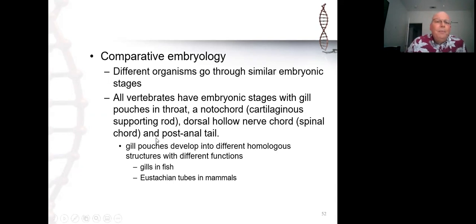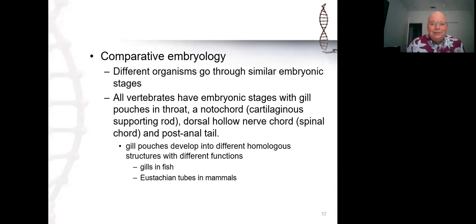So there are various stages that we can see in embryological development that reflect the evolutionary origin of the organisms. So Haeckel's work was misinterpreted by saying that embryological development, or ontology, which is the fancy word for this, replays ontogeny, and ontogeny is the fancy word for evolutionary history.